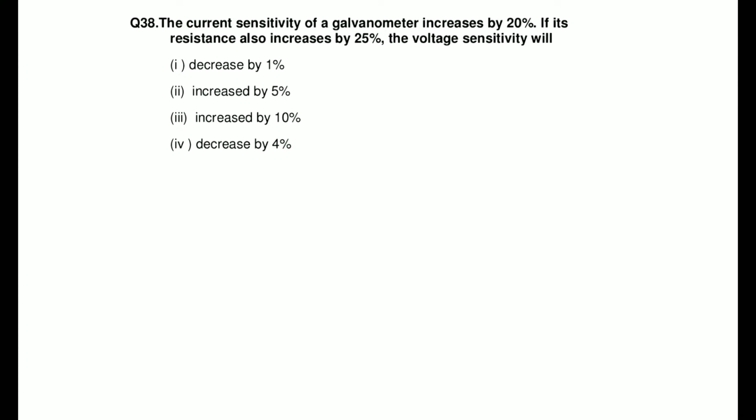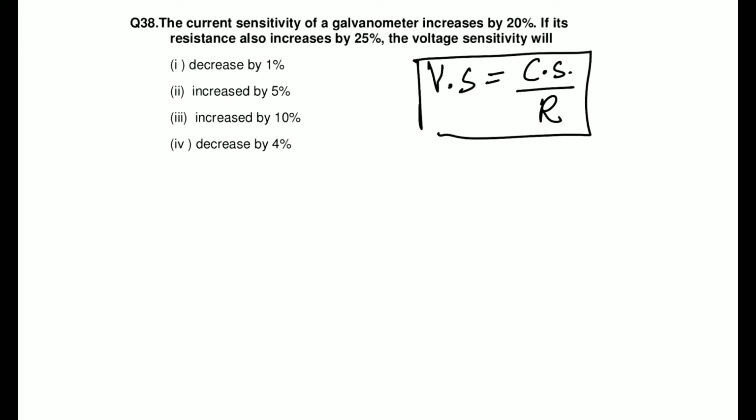Now we have to understand the voltage sensitivity is also written as current sensitivity divided by the resistance. This is one formula which we have to remember, which I'm sure all of you remember, right? So voltage sensitivity is given as current sensitivity divided by the resistance.